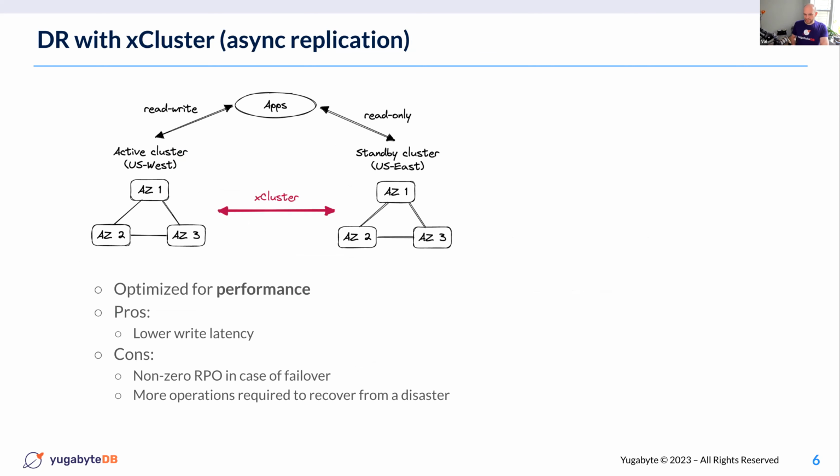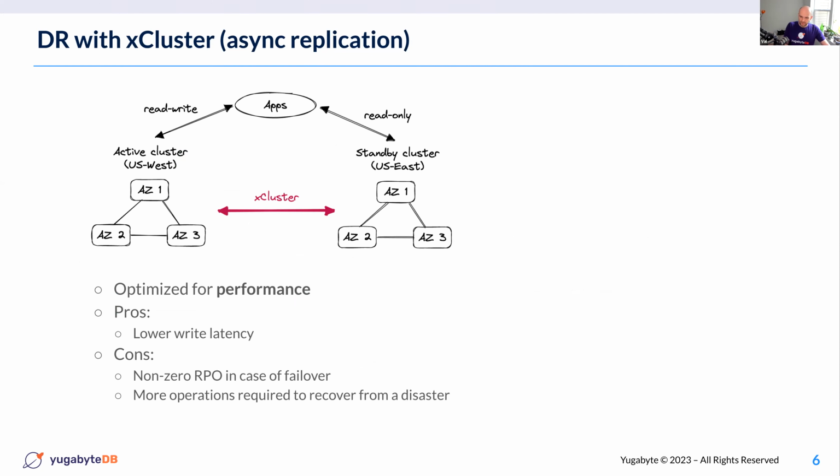We have the xCluster replication mechanism, which implements asynchronous replication of data between two clusters. We're using that mechanism to create a disaster recovery solution based on asynchronous replication, which is optimized for lower latencies.